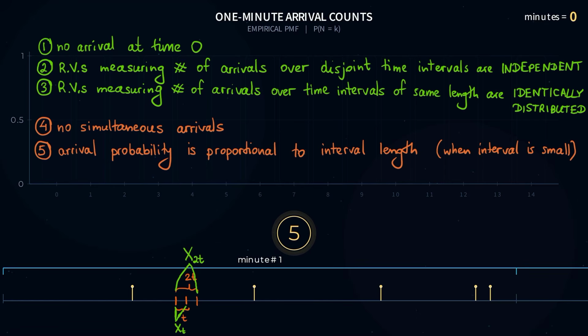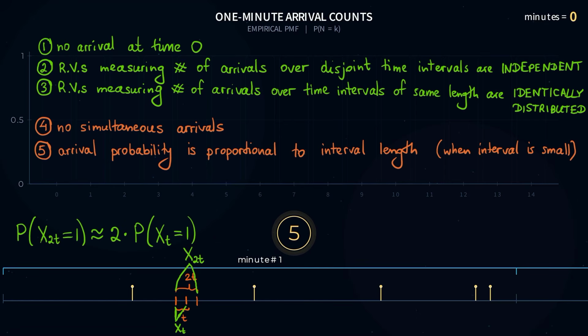What this condition says is that the probability of arrival over the interval of length 2t is approximately 2 times as large as the probability of arrival over the interval of length t.